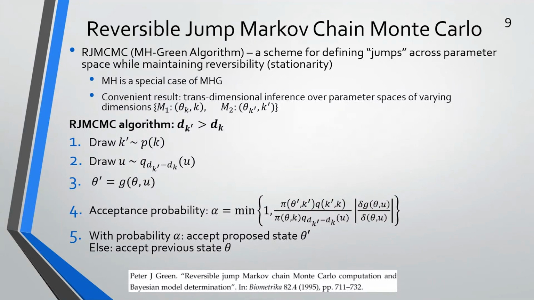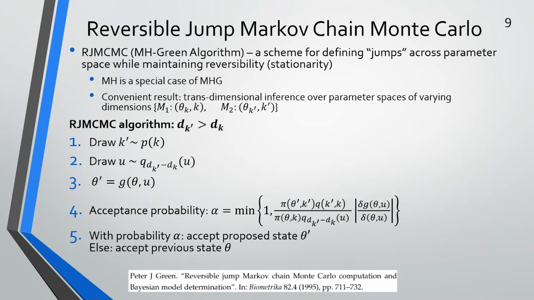And what actually ends up being a convenient result of the MHG approach to MCMC is that we can concern ourselves with models of varying size, where that vector theta of our parameters can change in size from one proposal to the next.